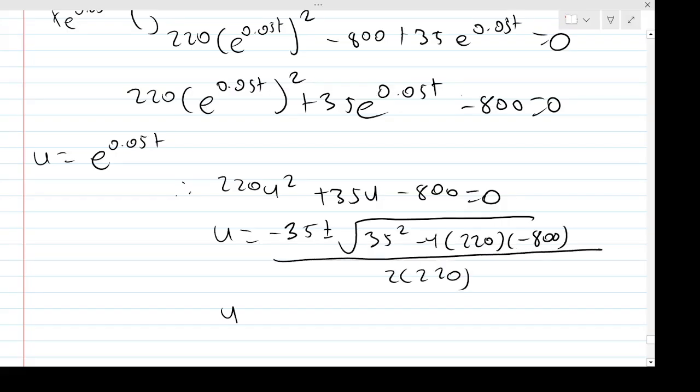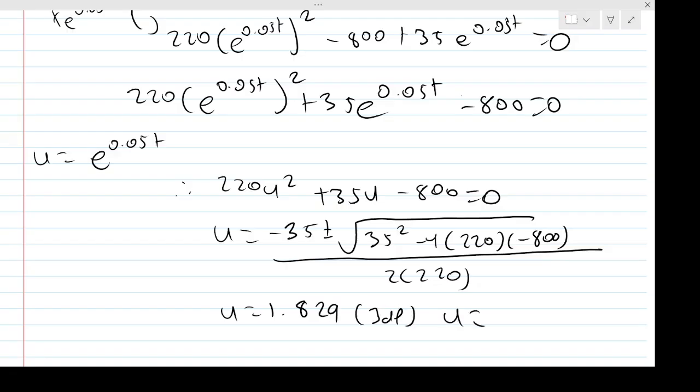And so u, if I solve that, I get u is 1.829 roughly to 3 dp. That's what it gives me. I don't get a fraction or anything like that.